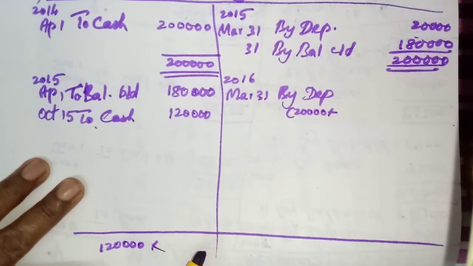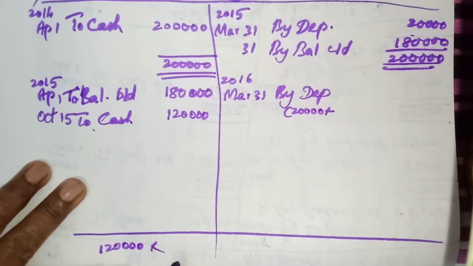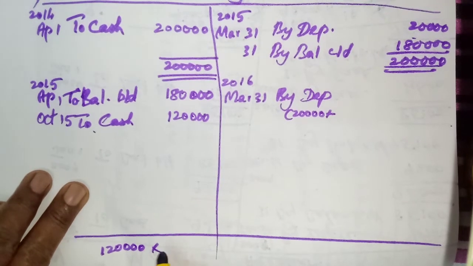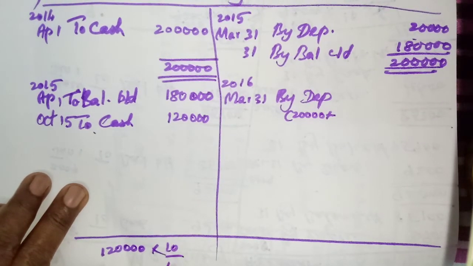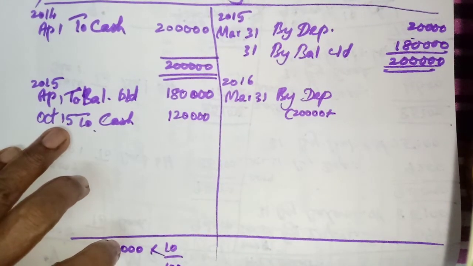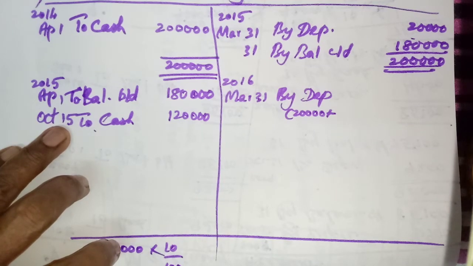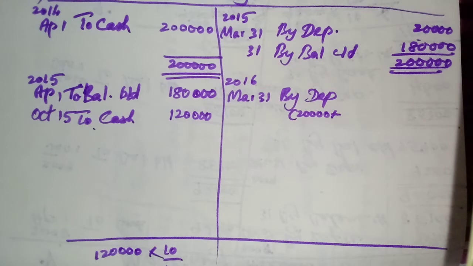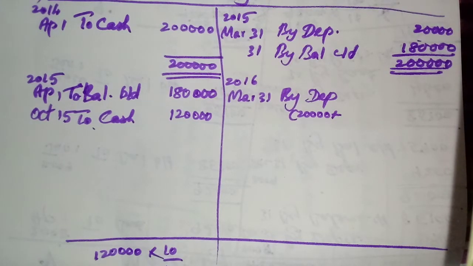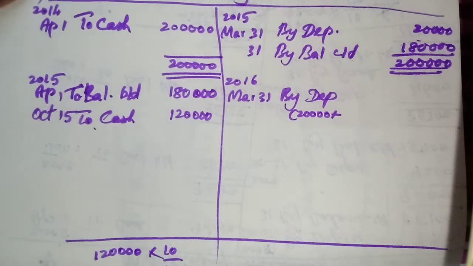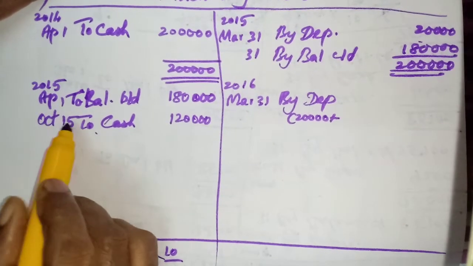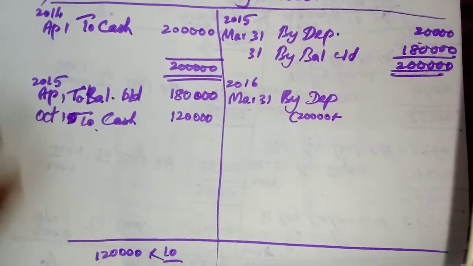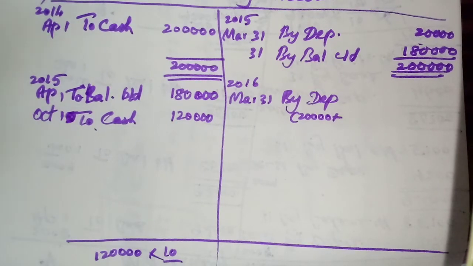So we need to write it together, not plus, we will write together there. For the second machine, we are purchasing on 1st October only. 1,20,000 into 10 by 100 for how many months? 1st October 2015. So October, November, December, January, February, March.